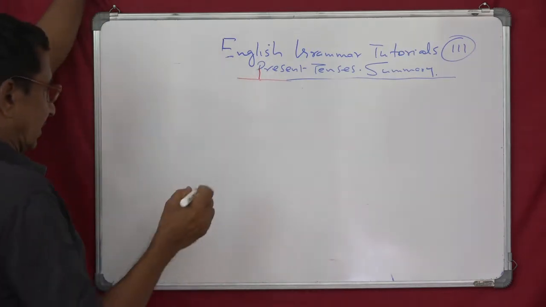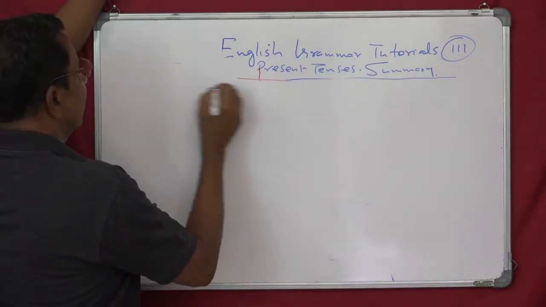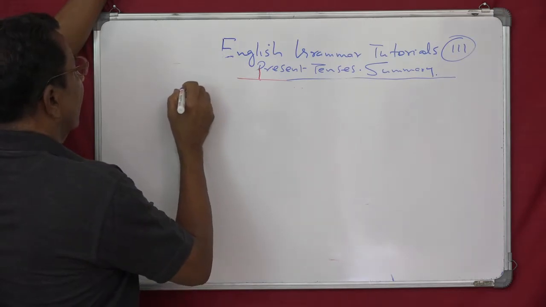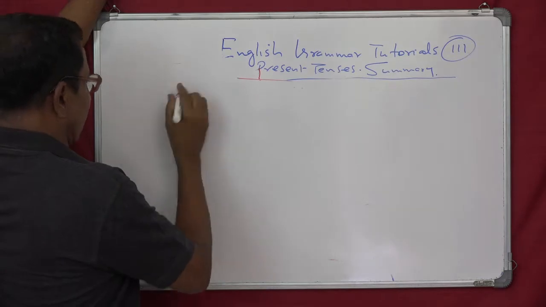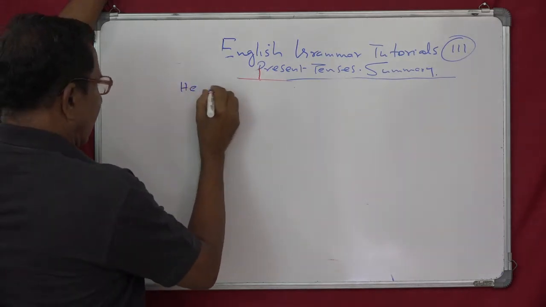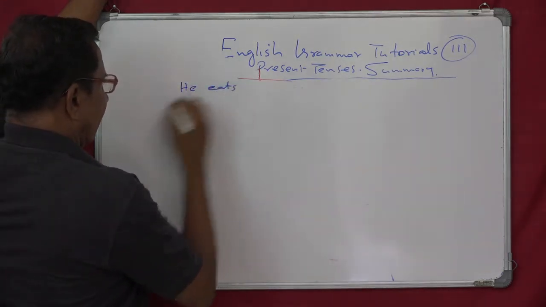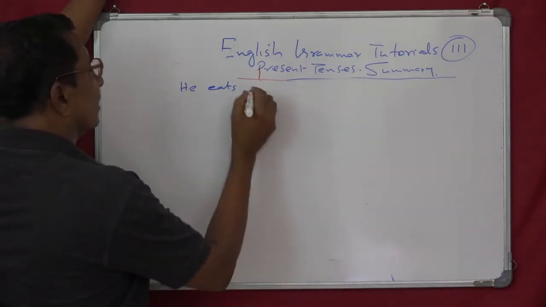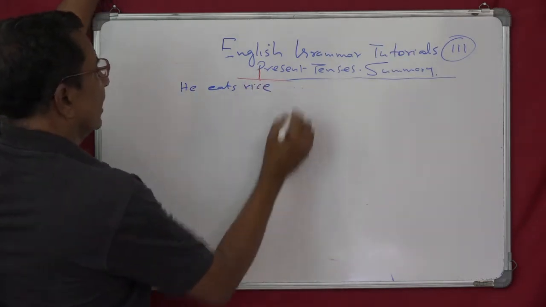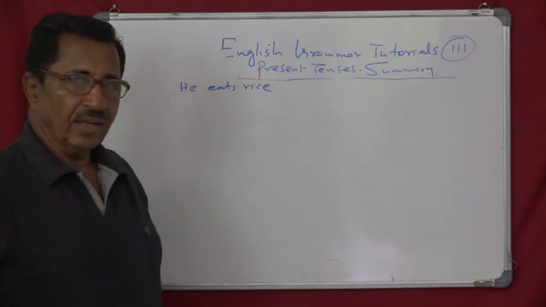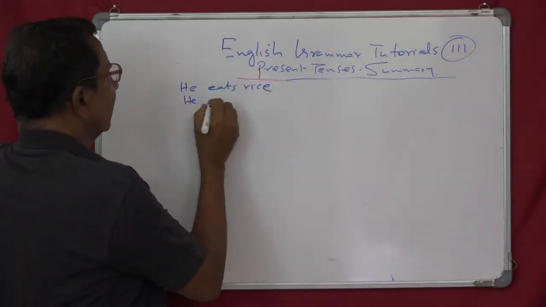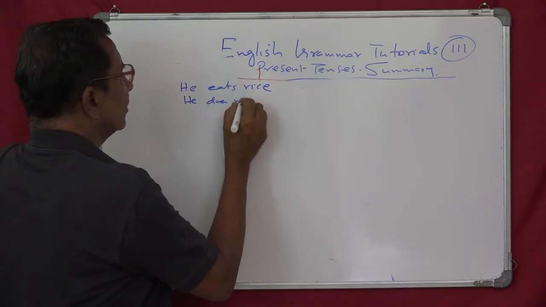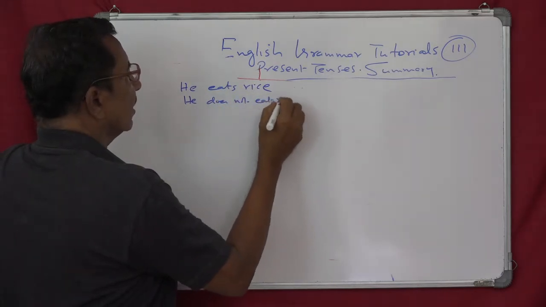See, you have a sentence like this. Okay, let's say he. We take he. He eats something. He eats rice. Is that okay? He eats rice. Now, first transformation is he does not eat rice.